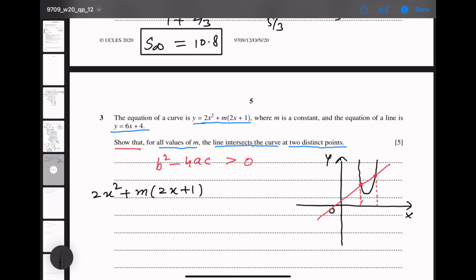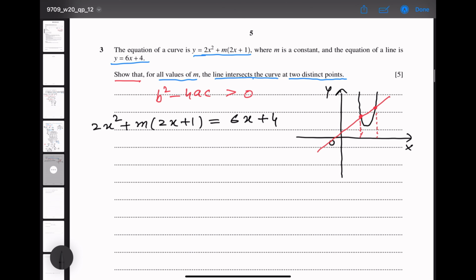This y is equal to the line, which is also equal to y, so we have substituted them. Now we will simplify it and get a standard quadratic form. 2x square plus m 2x plus m minus 6x minus 4 is equal to 0.